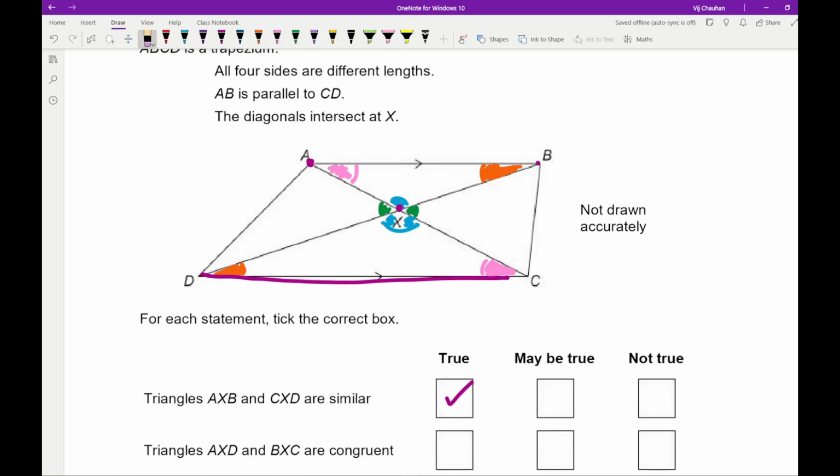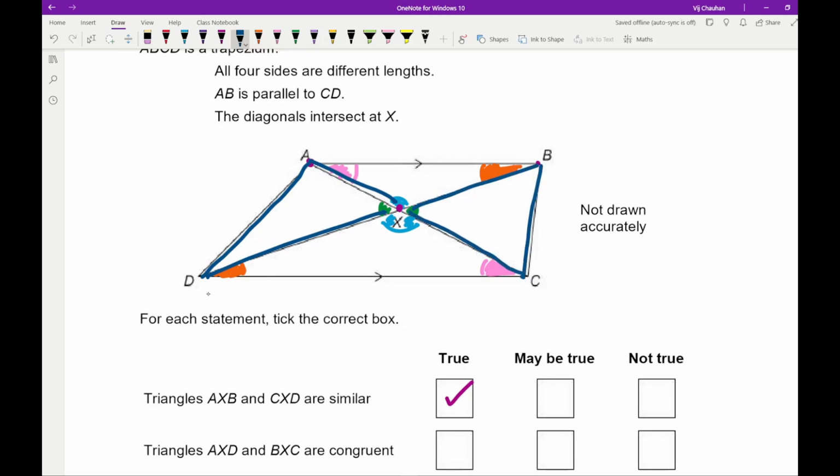So triangle AXD is this triangle here, congruent to BXC, which is this triangle here. As you can see, we've only got one angle that is the same and none of the lengths are going to be equal to each other. So therefore that cannot be true.